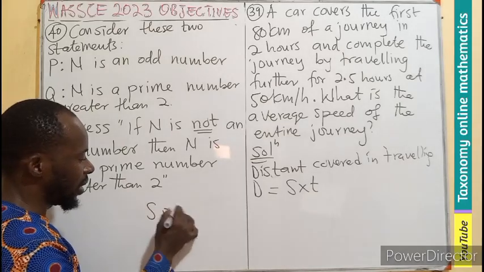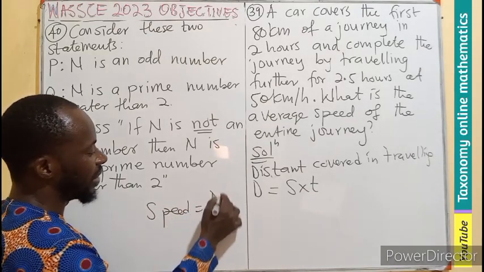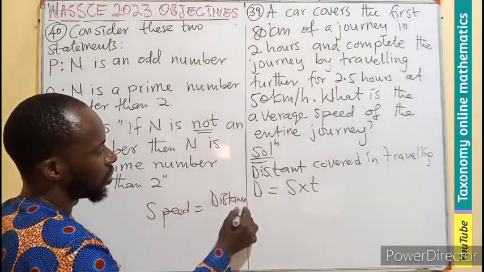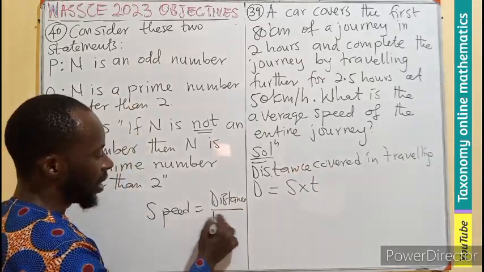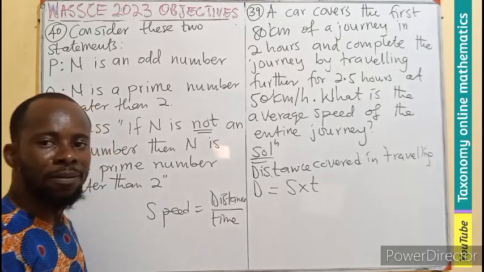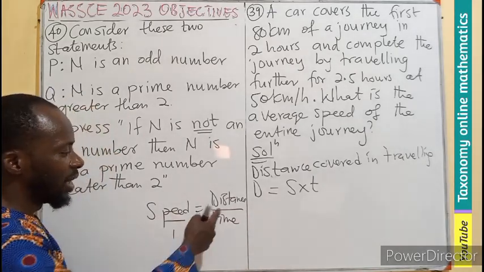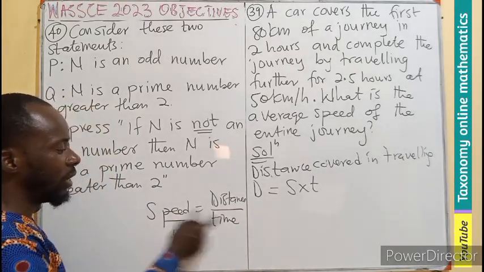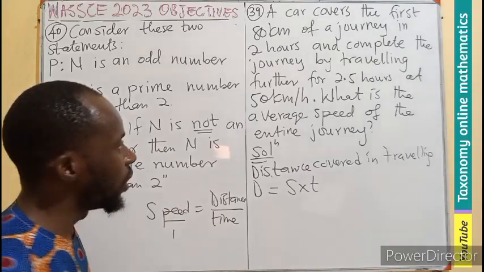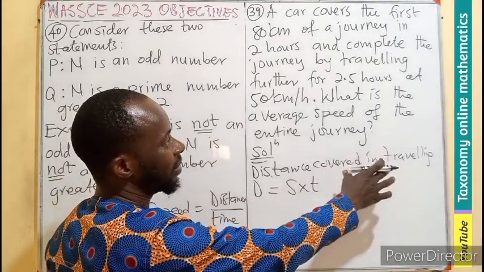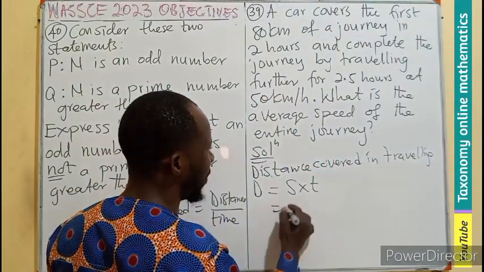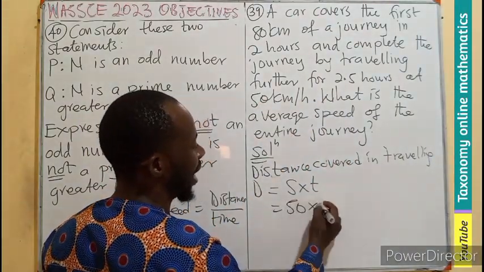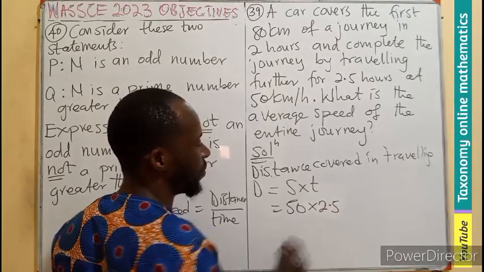Speed is equal to the distance over the time taken. So if you cross multiply, distance will multiply, speed will multiply time. So in this case, the distance covered in traveling is going to be the speed, which is 50, times the time, which is 2.5.